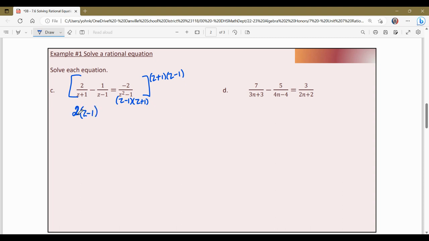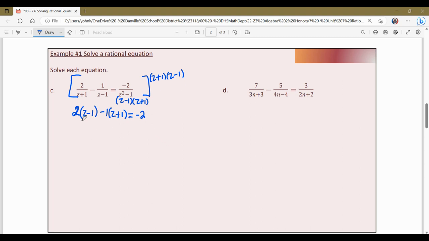And I'm going to write my 2's a little bit curlier because the 2's and the z's look the same. All right, then I have the minus 1 there. My z minus 1's cancel, and I have a z plus 1 left over. Equals, I have a -2, and when I multiply, everything cancels in the denominator with the numerator, so I just have -2.